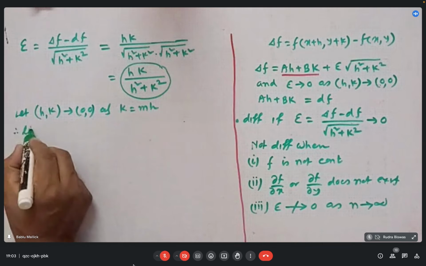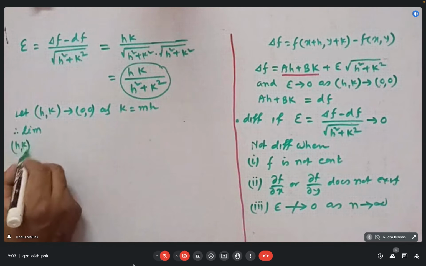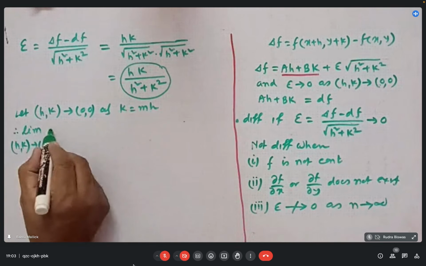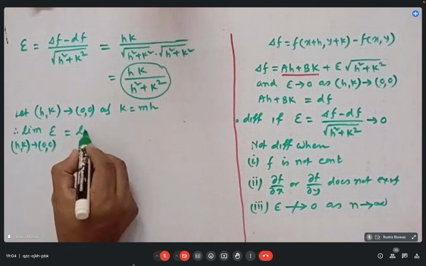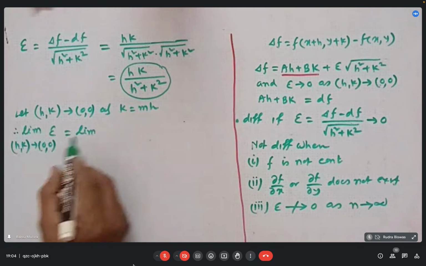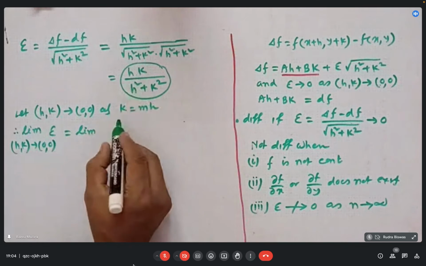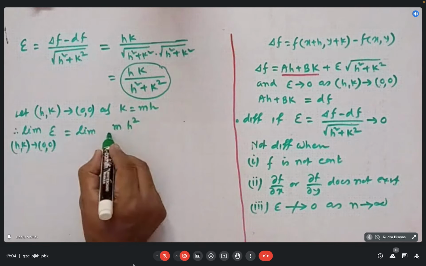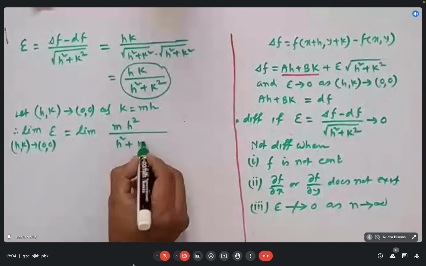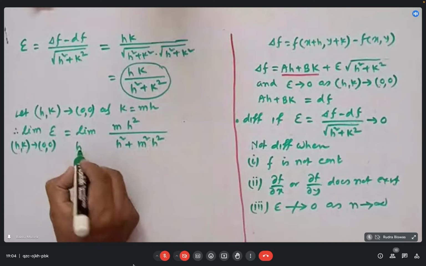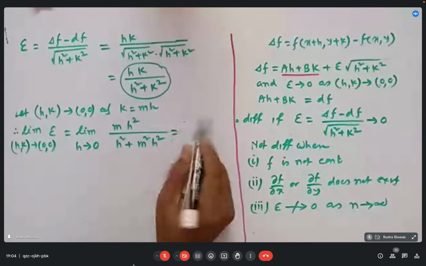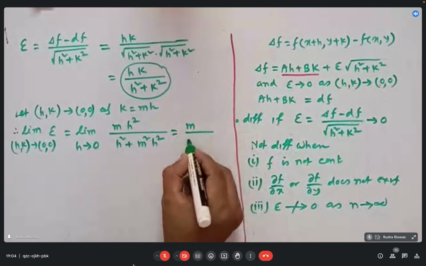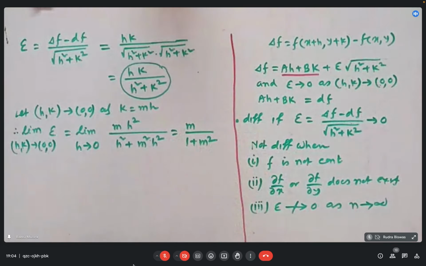Therefore, limit (h, k) tends to (0, 0) of this epsilon is equal to, I shall put k is equal to mh here, so it is m h square divided by h square plus m square h square, limit h tends to 0, this is equal to m divided by 1 plus m square, which is different for different values of m.